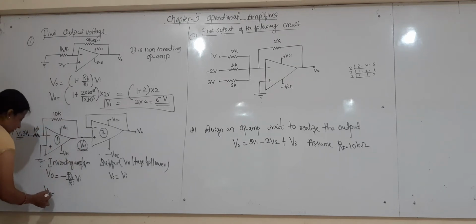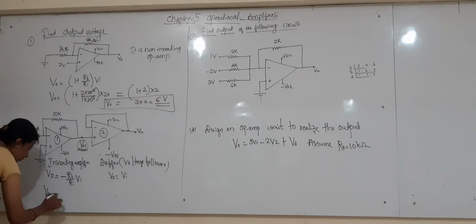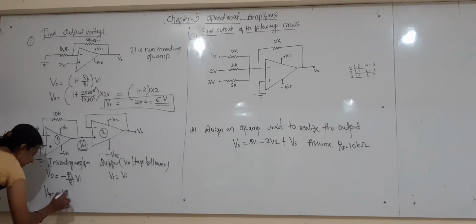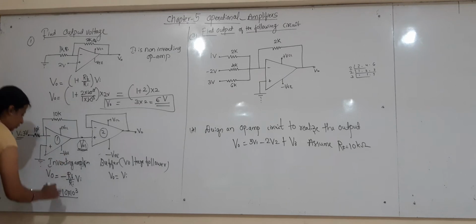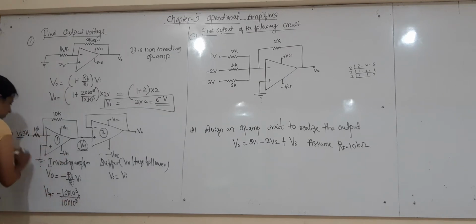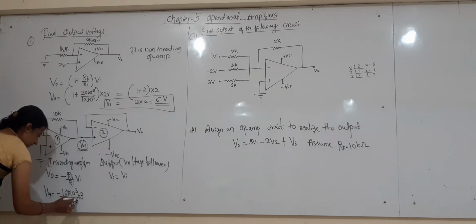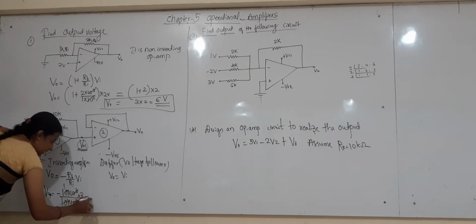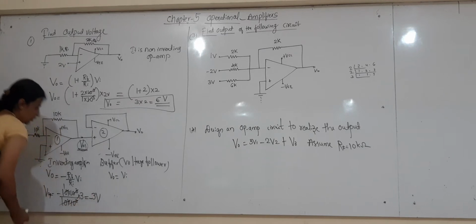For that we calculate V01 is equal to minus Rf by Ri. Rf is 10K, Ri is also 10K, and Vi is 3 volt. The kilo cancels and 10 divided by 10 is 1, so we get V01 as minus 3 volt.